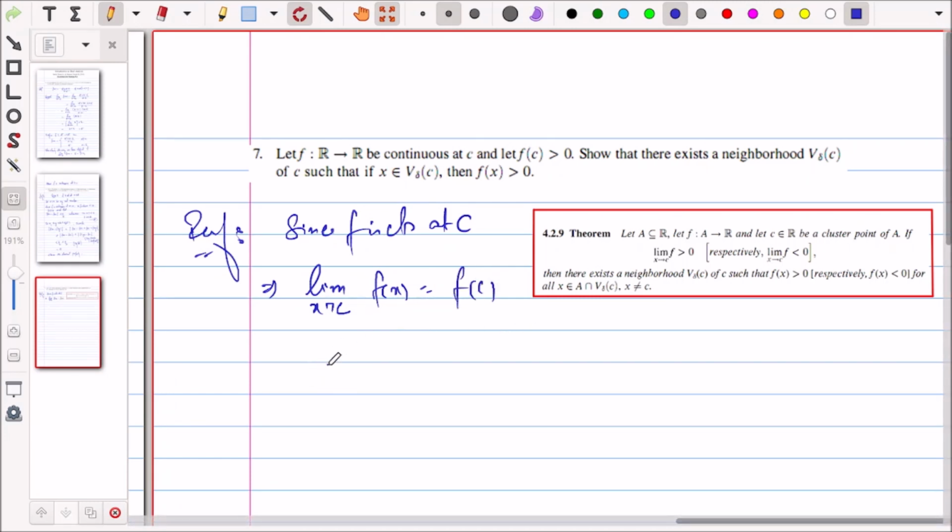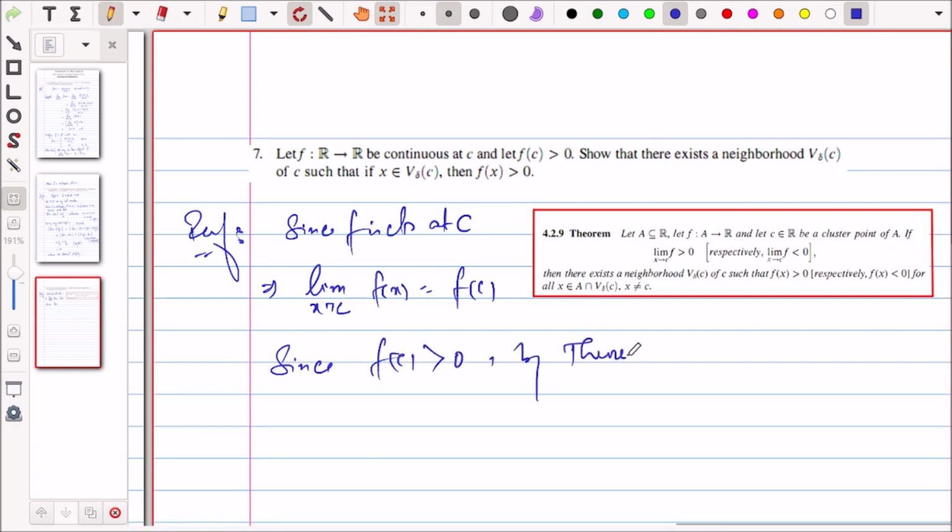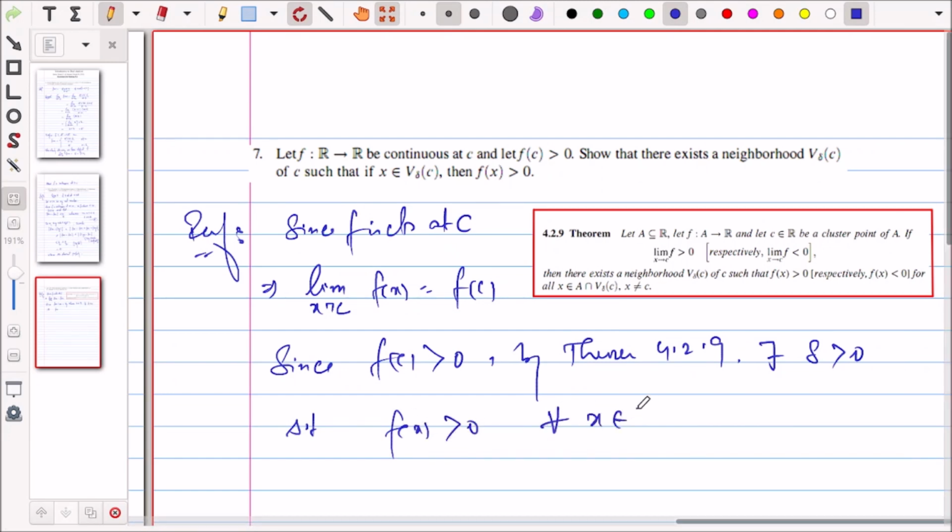And since fc is greater than 0, by theorem 4.2.9 there exists delta greater than 0 such that fx is greater than 0 for all x belonging to V delta c and x not equal to c.